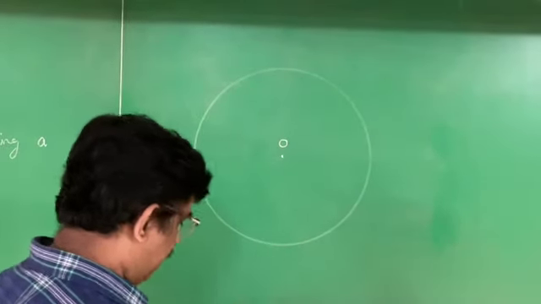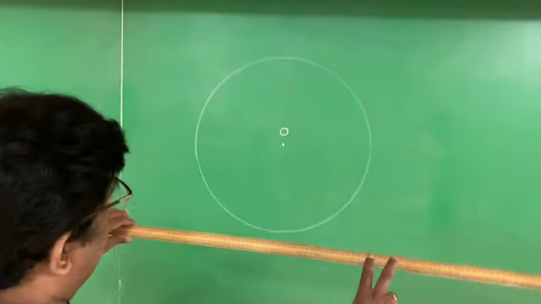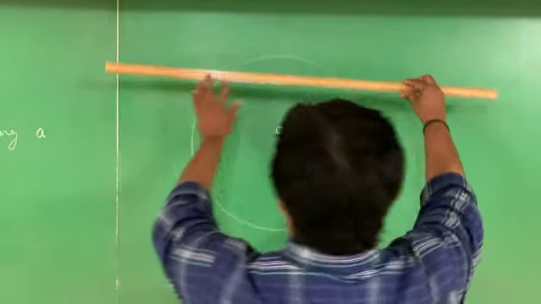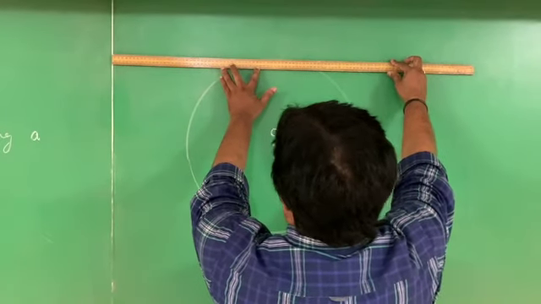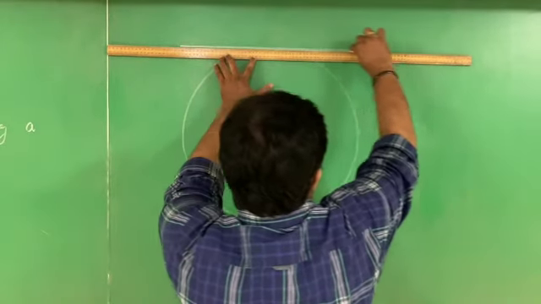Now, I draw a parallelogram circumscribing this circle. You know what a parallelogram is? A parallelogram is a quadrilateral.